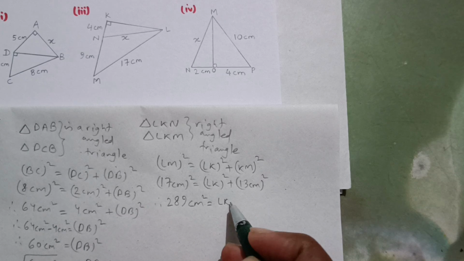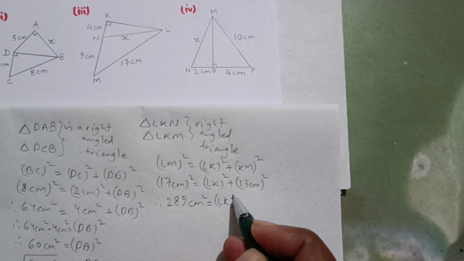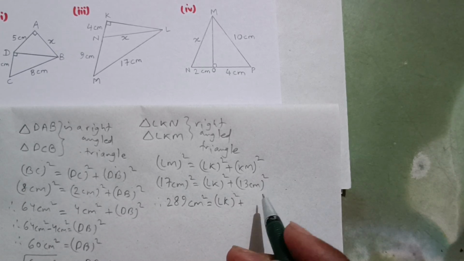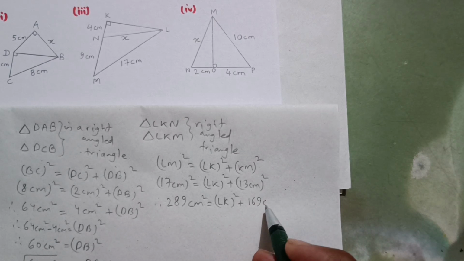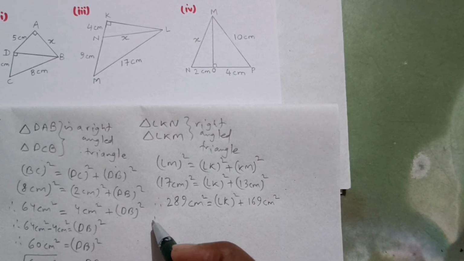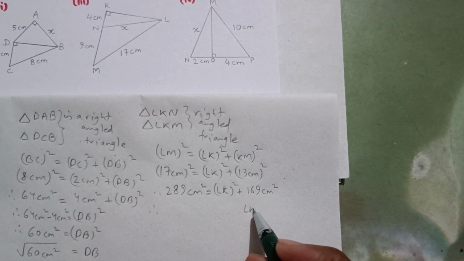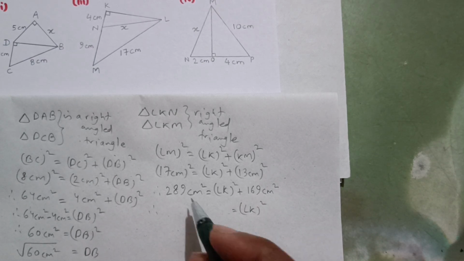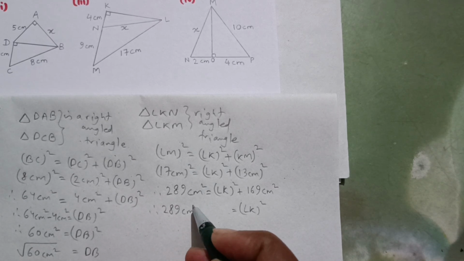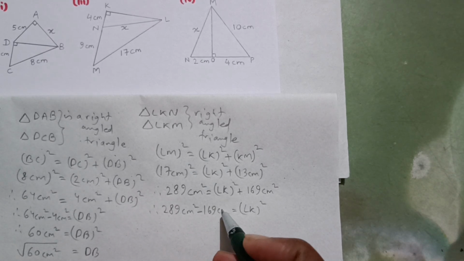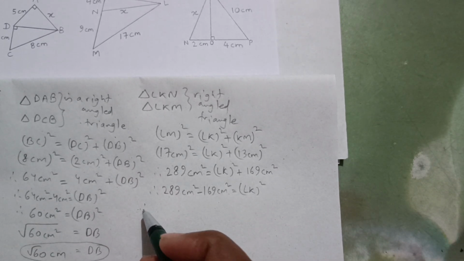That is equal to LK whole square plus 13 centimeter whole square. 13 square is 169, so 169 centimeter square. Therefore LK whole square will be this minus this: 289 centimeter square minus 169 centimeter square, which is what?